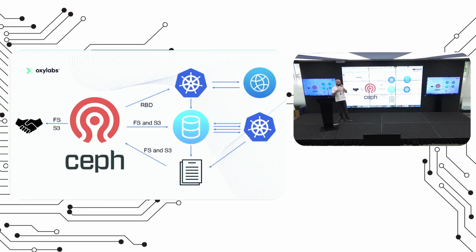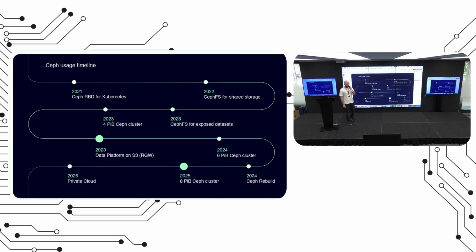Then once you have the data, text, images, whatever kind of data you imagine, you store it in various database solutions, usually Ceph itself, sometimes things like MySQL, Couchbase, and stuff like that. And you manipulate this data with other Kubernetes clusters, which also are backed by the Ceph RBD. Once you get that, you have some kind of data set, which is once again stored in Ceph, and you expose it to the clients through the file system or, more recently, the S3.